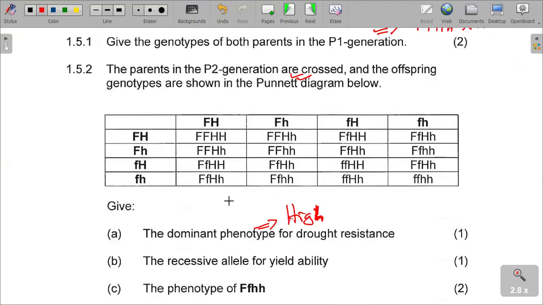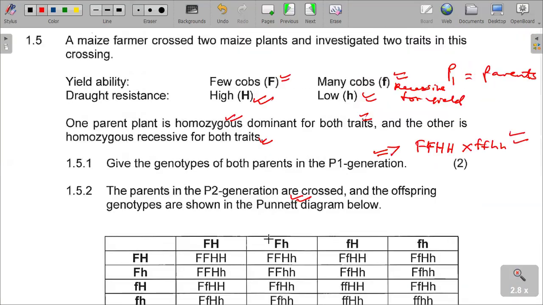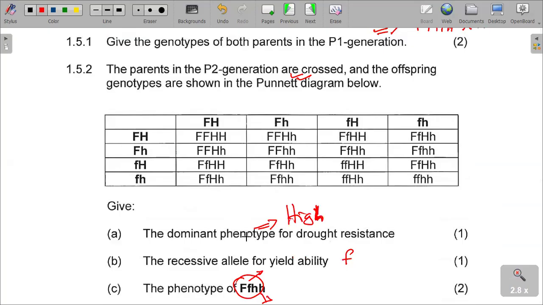Obviously, it's supposed to be a small f. We just interpret it, to say what is the meaning of f and what is the meaning of h. So dominant F is giving few corpse.